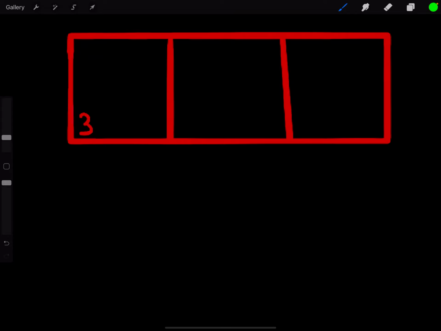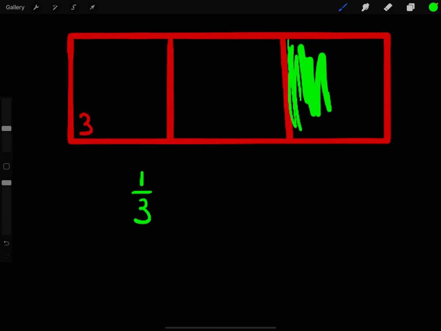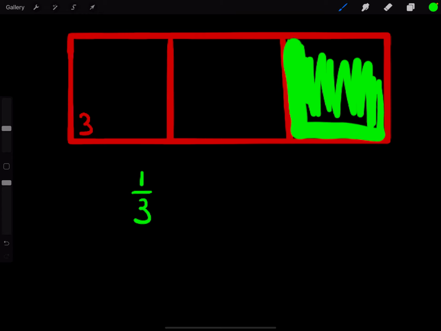All right, now when you unfold it, I need to shade in 1/3 of this rectangle. So I'm going to shade in 1/3 of this rectangle.